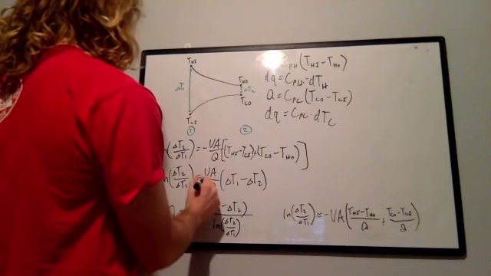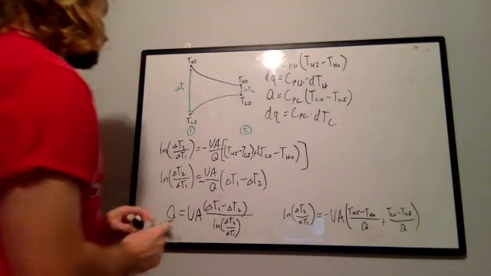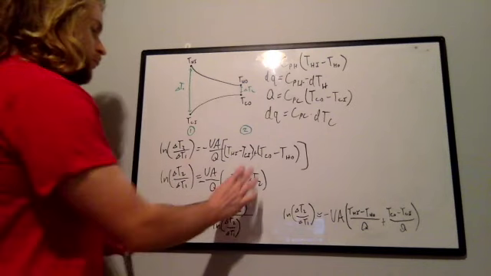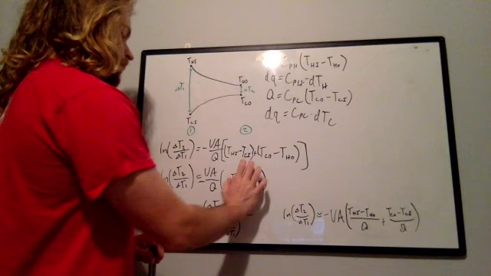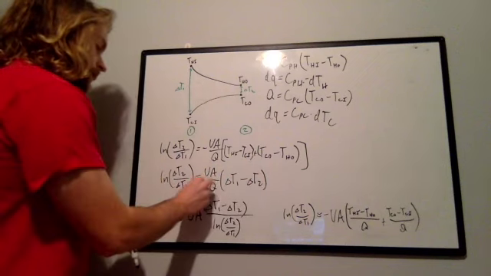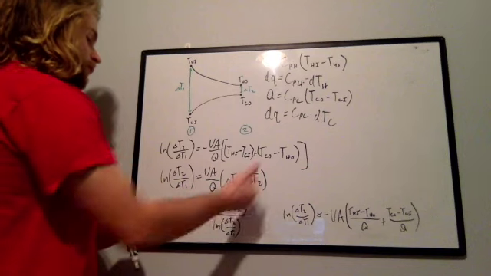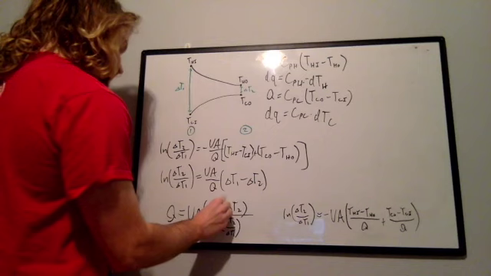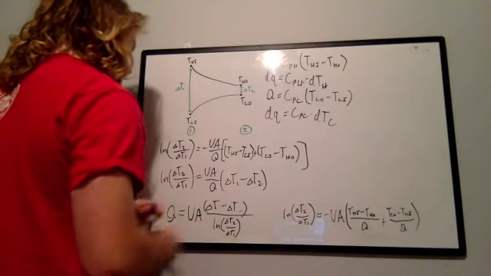But then obviously we had this minus sign right here still, because that wouldn't cancel out over here quite yet. So we would instead need to multiply this term by negative 1, which would then cancel out the negative term. And then that would flip the signs over here. So this would become delta T2 minus delta T1.